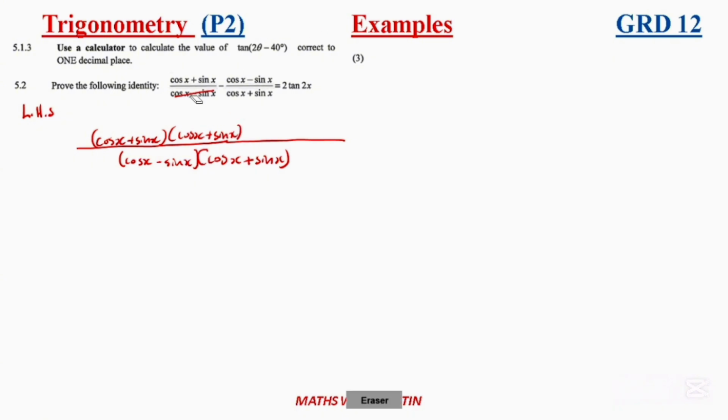Similar thing applies here: cos x plus sine x cancels cos x plus sine x, and you are left with cos x minus sine x. Here you've got a negative, which is the negative of the equation, so you're going to have cos x minus sine x, all times cos x minus sine x.